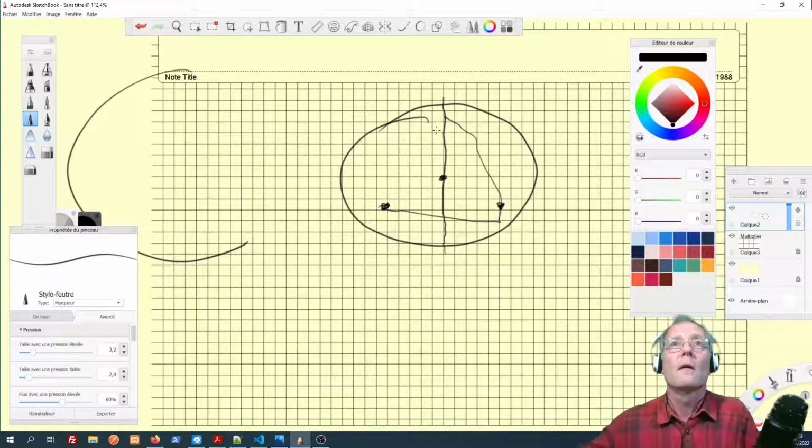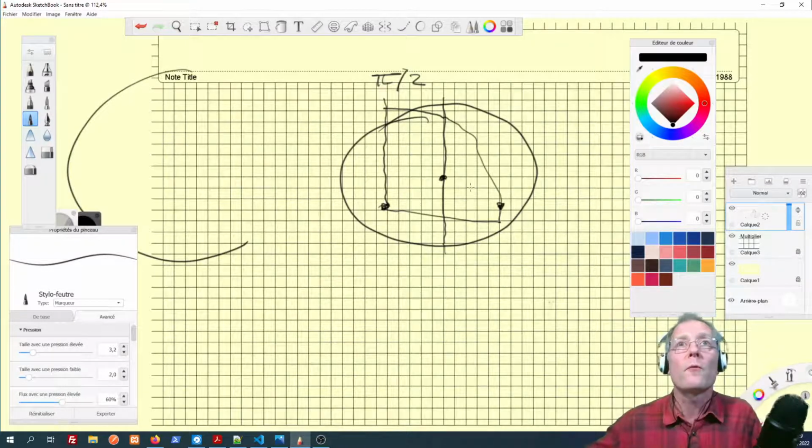Okay. What I said just before is that if you go till 1/2 pi, it will go till here, which is too far away. So what we need to know is this one. And what is this one?